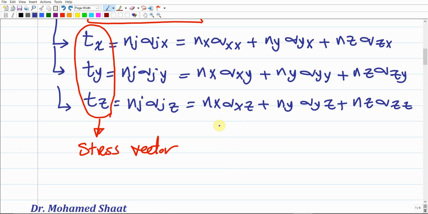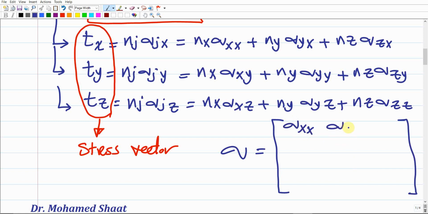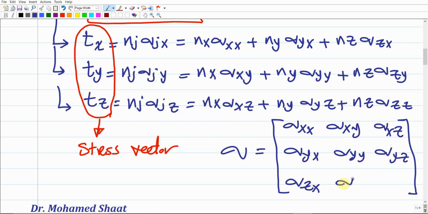So generally we can write these sigmas. It means that generally the stress tensor has 9 components: sigma xx, sigma xy, and sigma xz. Then we have sigma yx, sigma yy, and sigma yz, and then sigma zx, sigma zy, sigma zz.